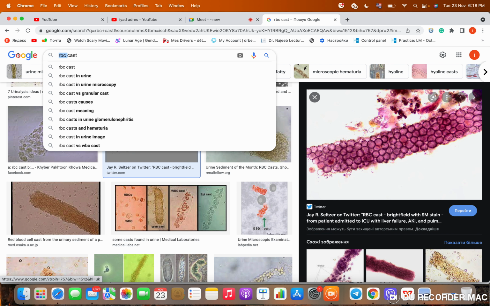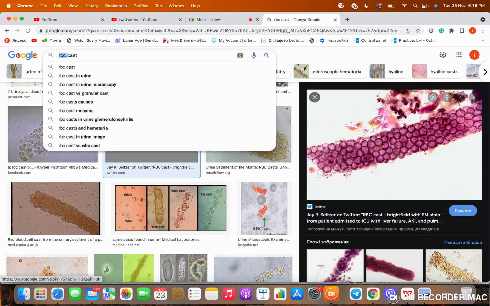Before I show you another type of cast, can someone tell me please, regarding this cast, is it made in your tubules or after your tubules? Tubules. Okay, so it's inside of the tubules.